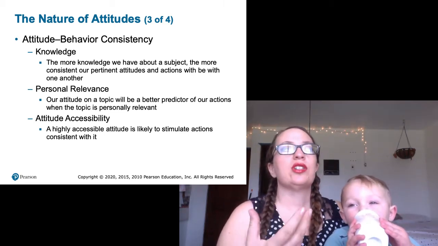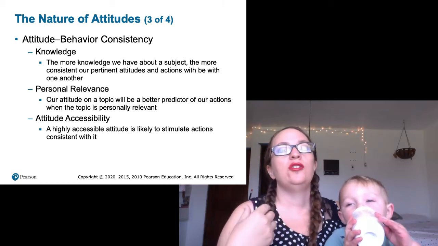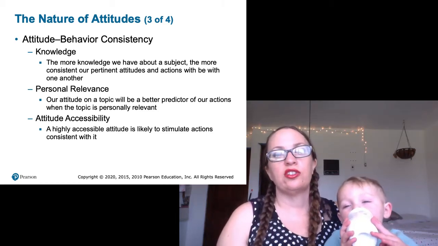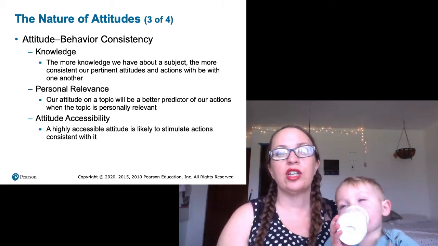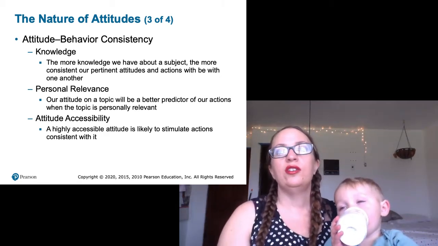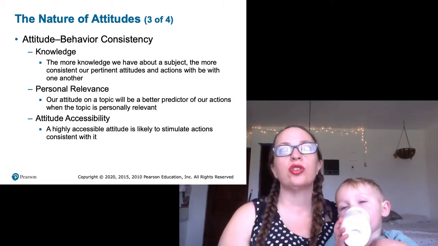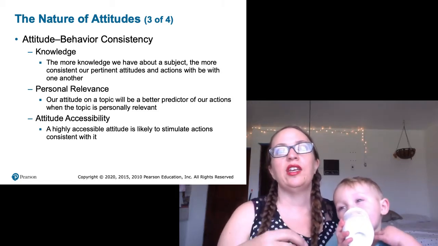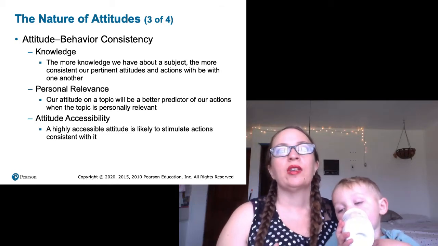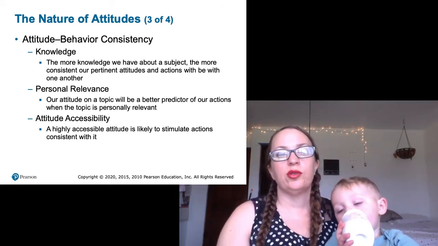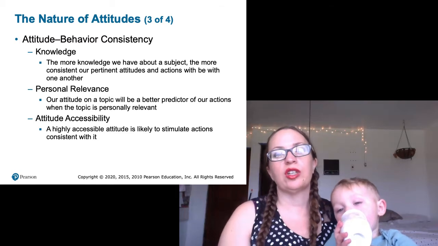Say your spouse uses pornography and you feel like that's adultery and you're very betrayed and it really hurts the relationship. Because that's so personally relevant, that attitude now becomes strongly predictive of your behavior. So the more personally relevant something is, the more likely you are to behave in alignment with that attitude.